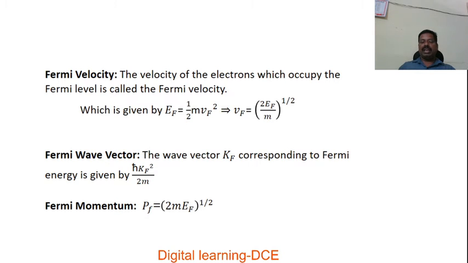And m vf is nothing but momentum, so m squared vf squared is nothing but p squared. Then pf squared is equal to 2m Ef, so pf is equal to (2m Ef) to the power of half. This is the expression for Fermi momentum, which can be obtained by using the Fermi energy expression.